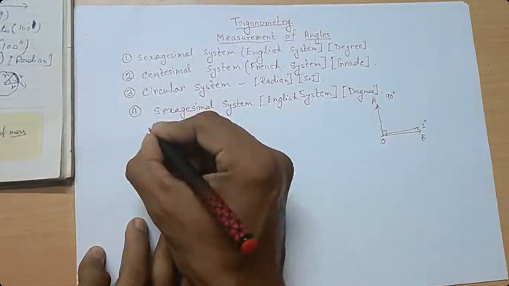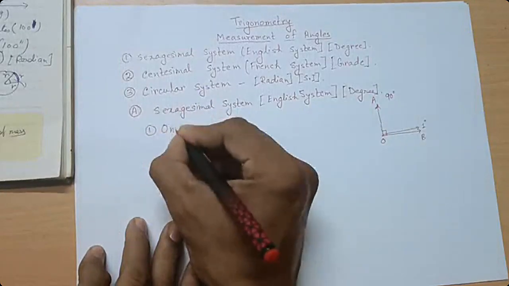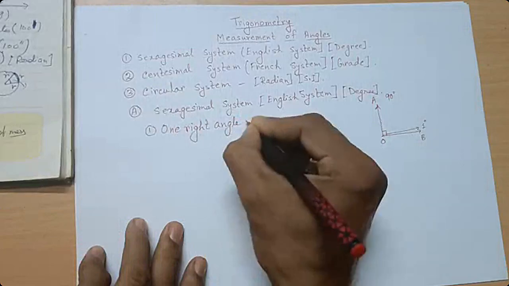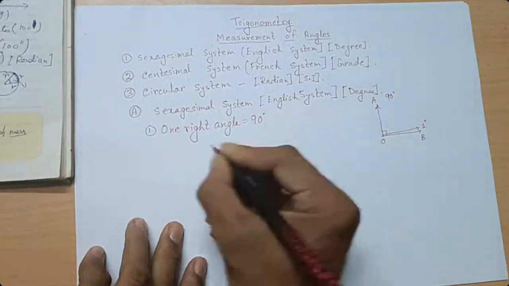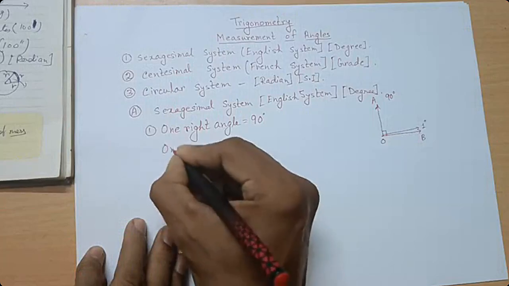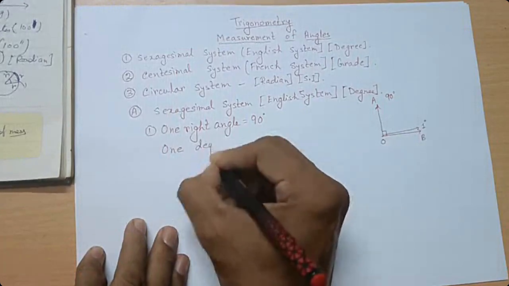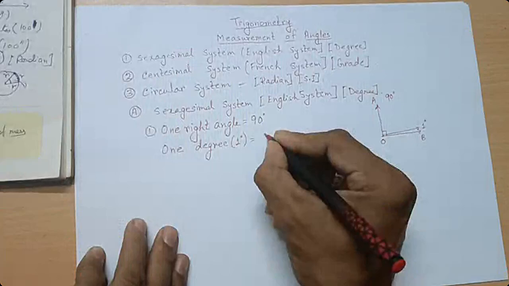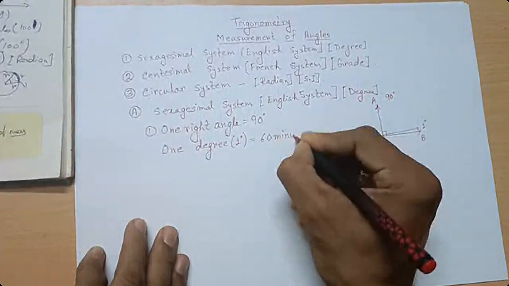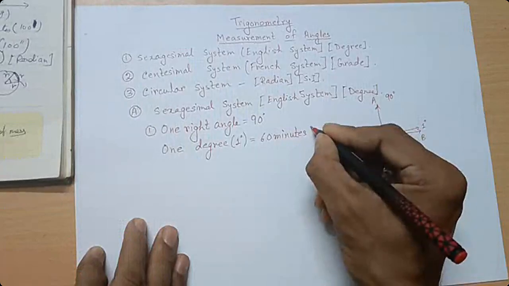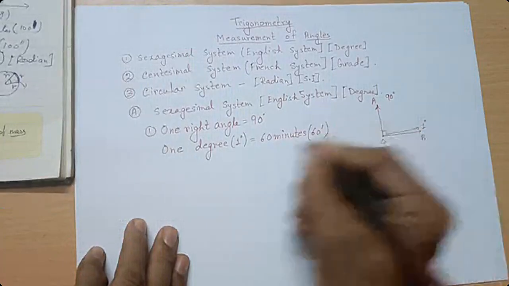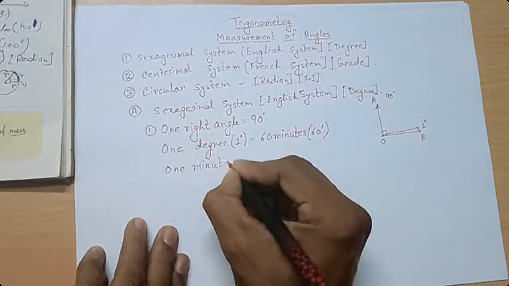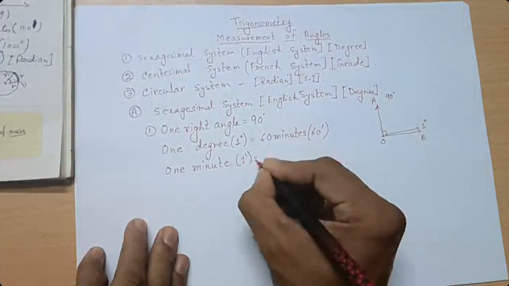Here you see that one right angle is equal to 90 degrees. 1 degree is equal to 60 minutes, and 1 minute is equal to 60 seconds.